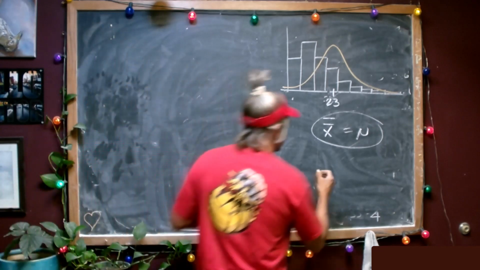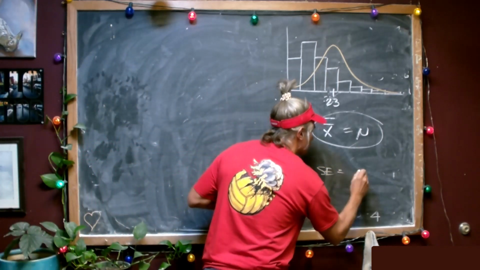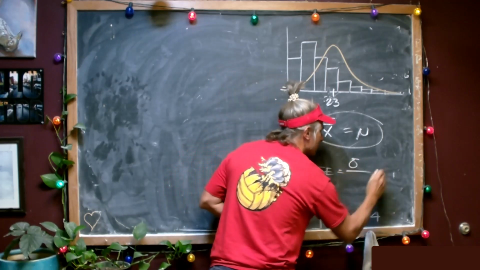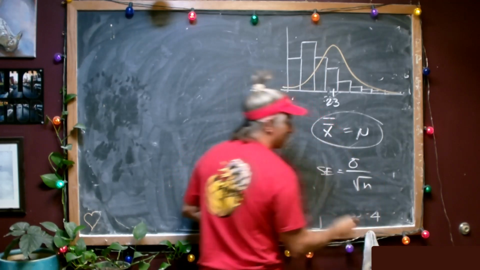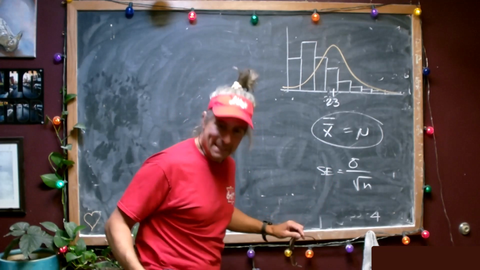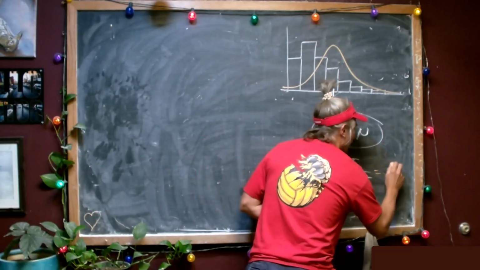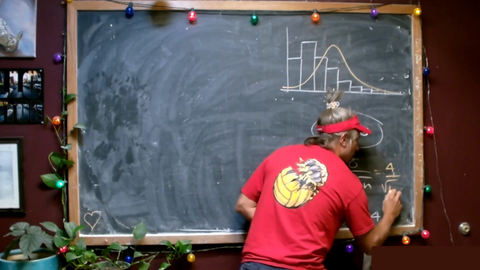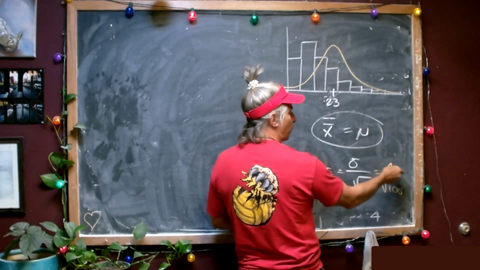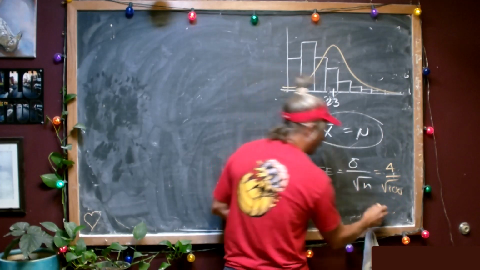The standard error is equal to the population standard deviation over the square root of the sample size. So in this case, that's 4 divided by the square root of 100, which is 4 divided by 10, which is 0.4.